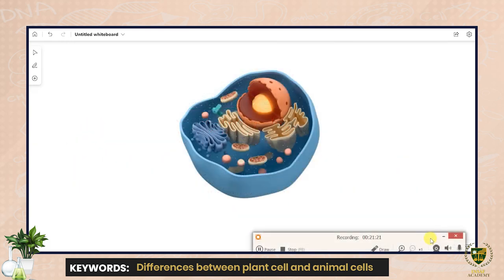Now here is an animal cell. I'm going to label it. So this is its plasma membrane. Clear?